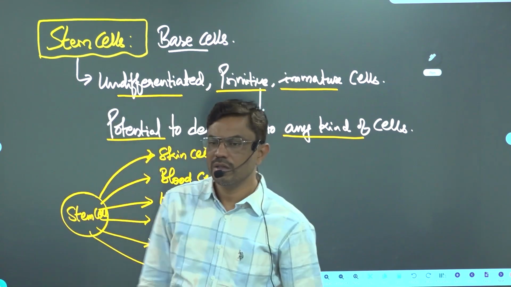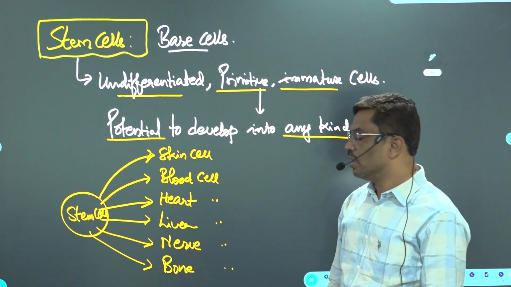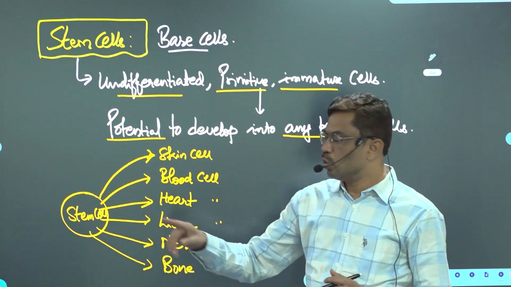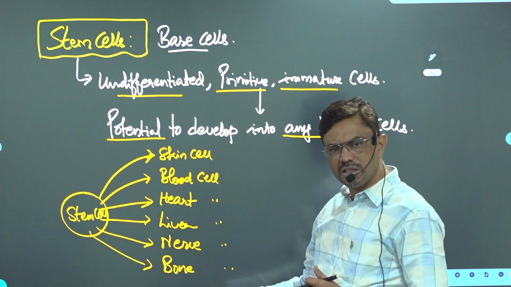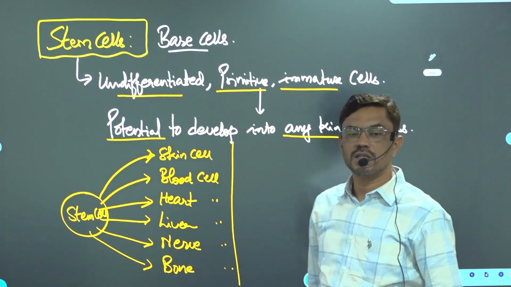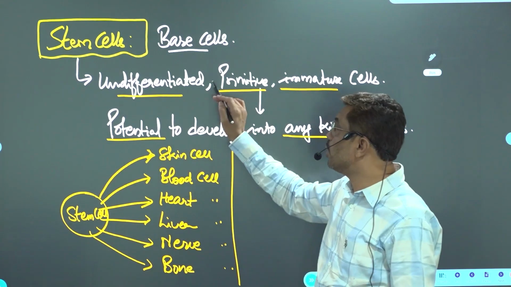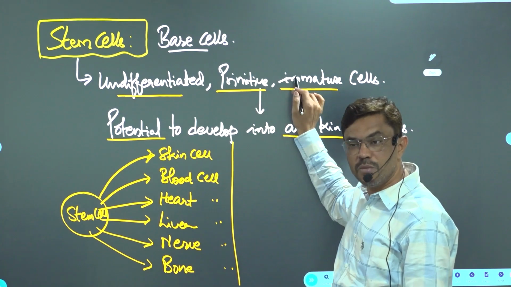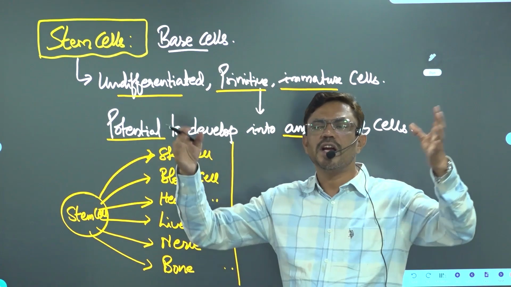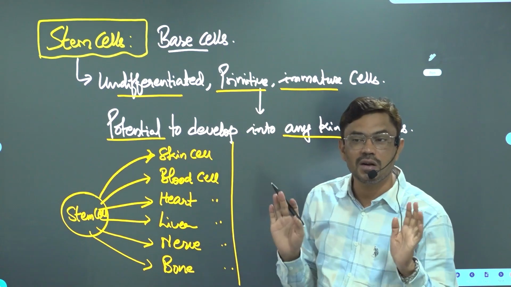Got it? It is an immature cell with the capacity to modify into any kind of cells. Stem cells are undifferentiated, primitive, immature cells which have the potential to develop into any kind of cell.